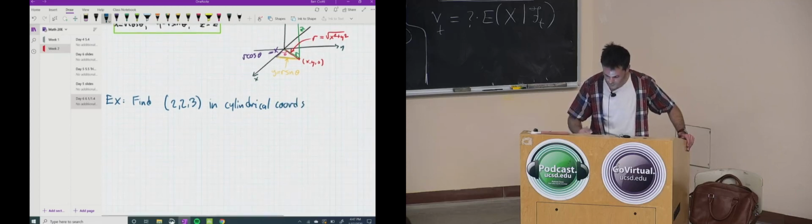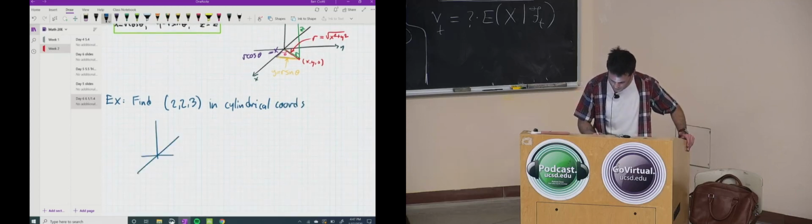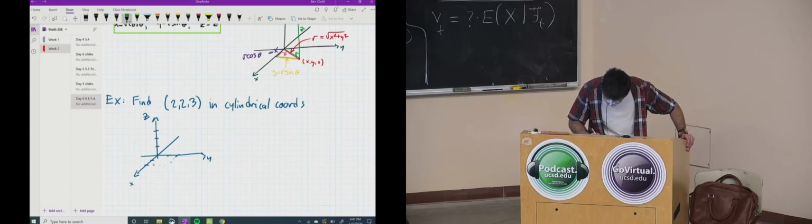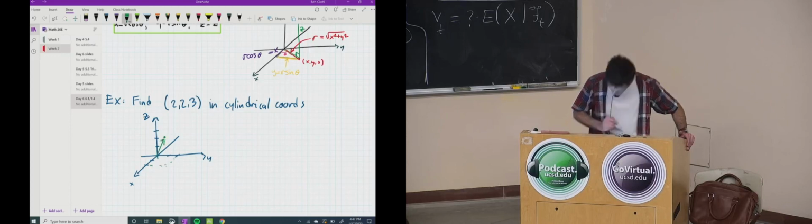And 2, 2, 3 would be the x, y, and z coordinates. So the x, y, and z coordinates are 2, 2, 3. So that would put us about right there. Okay?